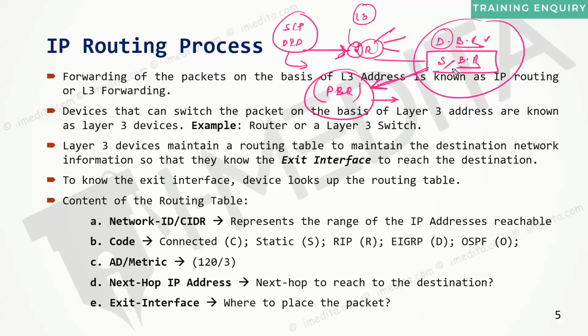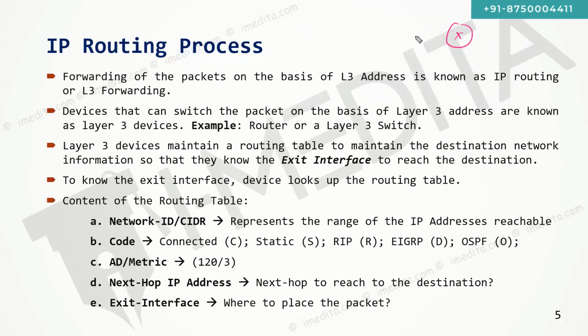So routers can perform source-based routing, but typically these layer 3 devices forward packets based on the destination IP address. In policy-based routing, we apply a route map, a basic rule that tells the router how the packet forwarding has to be done based on these predefined rules. We don't need to focus on policy-based routing at the moment. The only routing that we need to focus on is basic destination-based packet forwarding.